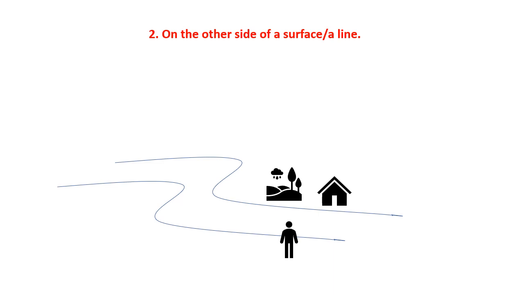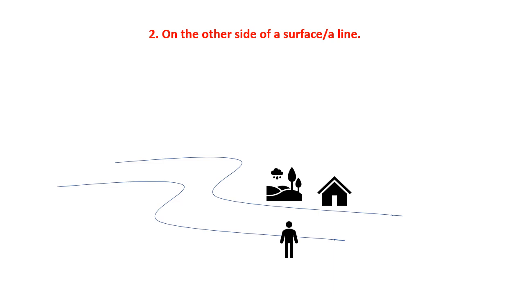Look at the picture. A person is standing on one side of the river, maybe a road or a street, and he is looking at the objects which are situated on the other side of the road or river or a street.